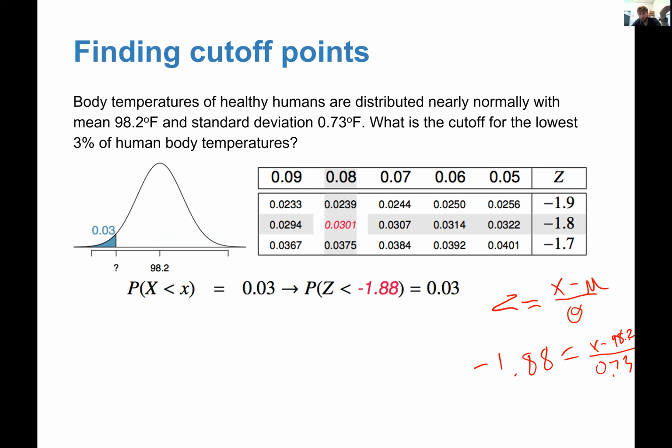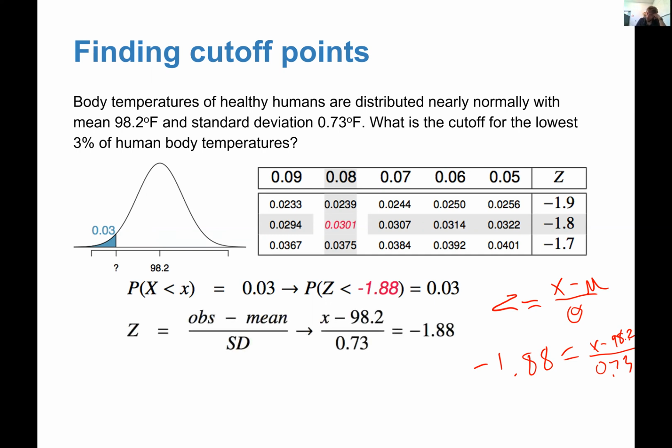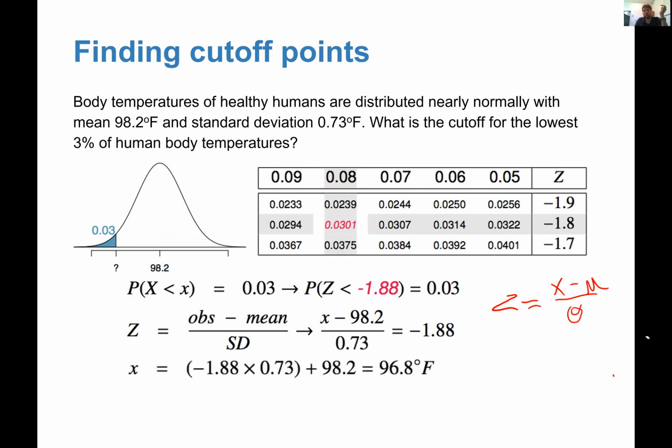So how would I solve for x? Well, I would multiply both sides by 0.73 and then add 98.2, and you get 96.8.